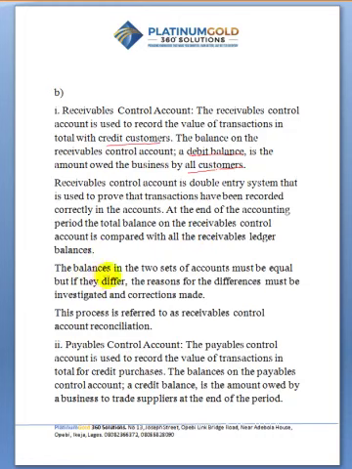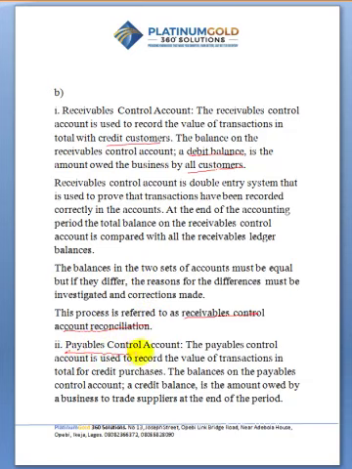Then the balance in the two sets of accounts must be equal, but if they differ, the reasons for the differences must be investigated and corrections made. This process is what we refer to as receivable control account reconciliation, and it is right there in these questions. We're going to say it, and we're going to practicalize it.